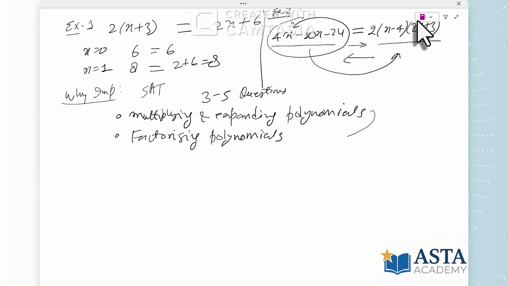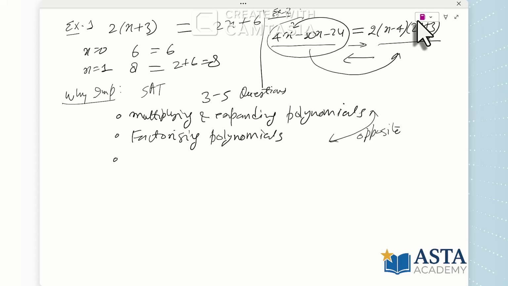By the way, these two topics are opposite of each other. You will be multiplying and expanding a polynomial from right to left, and when you are given the expression in this form on the left hand side, we can find the factors, which are the product.